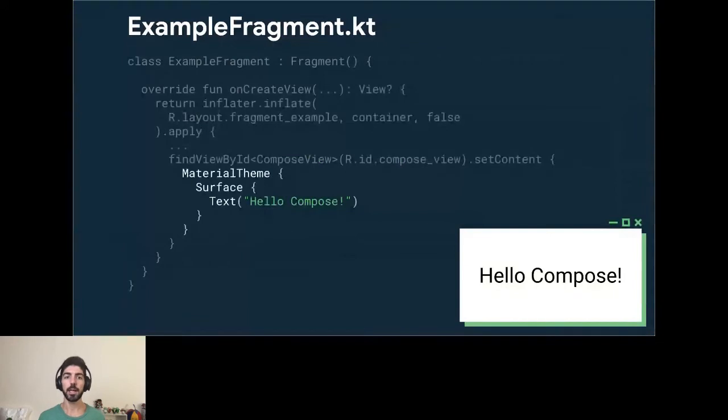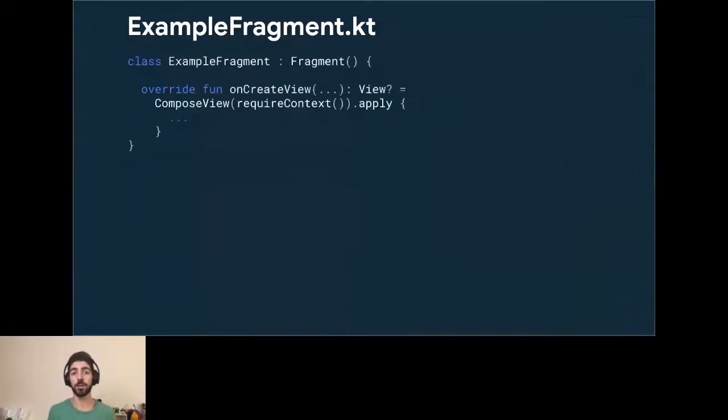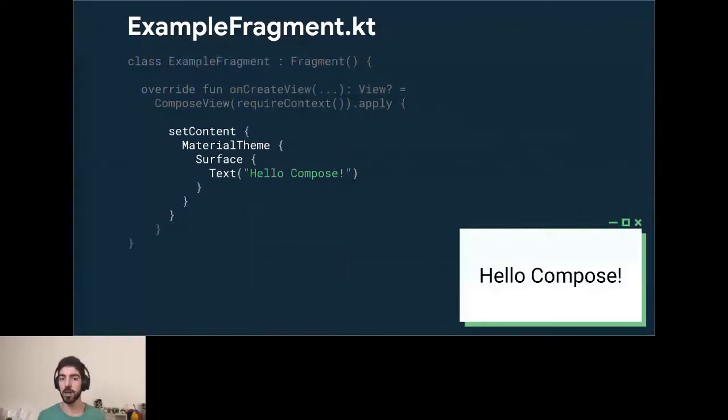But if you want to have Compose code at the root level in your fragment, as we were doing before with the activity, you don't actually need XML either at this point. You can create a ComposeView inline in this way, and that's it. In onCreateView, you can create a ComposeView with a context, and now you call setContent, and there you go. You are in Compose, just in a fragment.